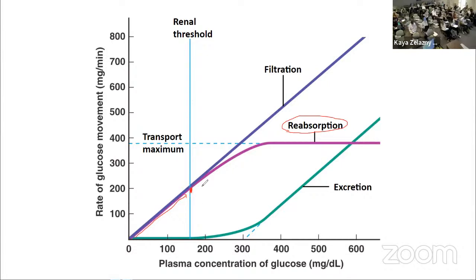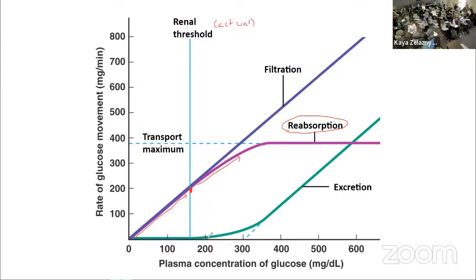Here we can see we've marked it down at about 180. So this is our actual renal threshold from that previous slide. Okay. So at our actual renal threshold, we start to see that we're starting to have less reabsorption happening. It's still more than if we had a lower glucose level, but it's not increasing as quickly.